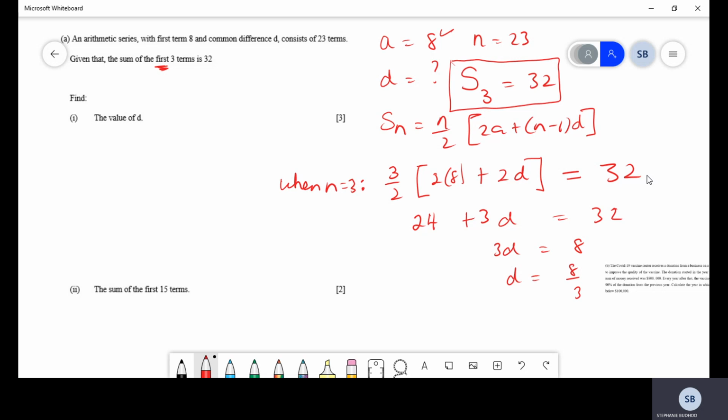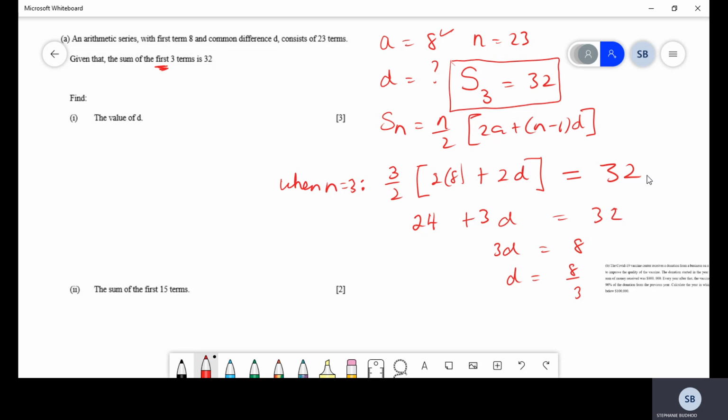Okay, so let's just double check this and make sure we didn't make any errors here. So in this question, first of all, they give us the value of a to be 8. They are saying that it consists of 23 terms. We don't have a value of d, but we know that the first 3 terms works out to be equal to 32.